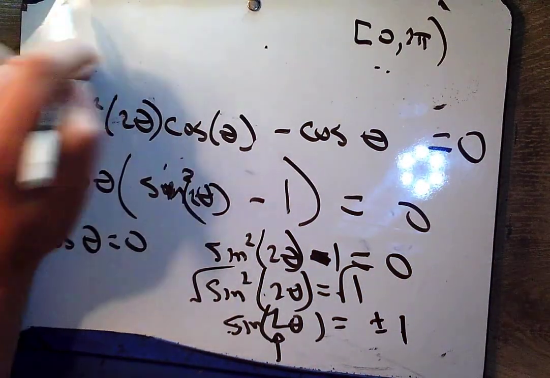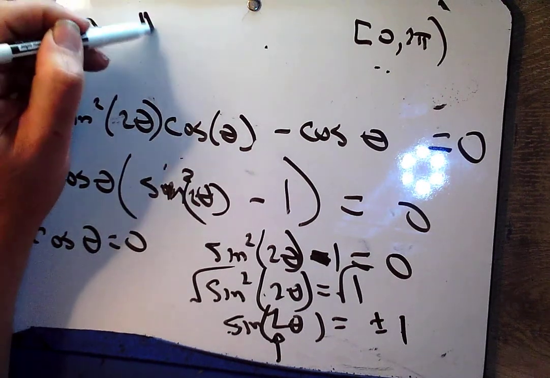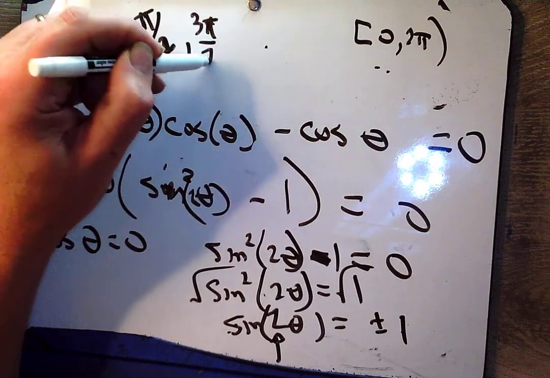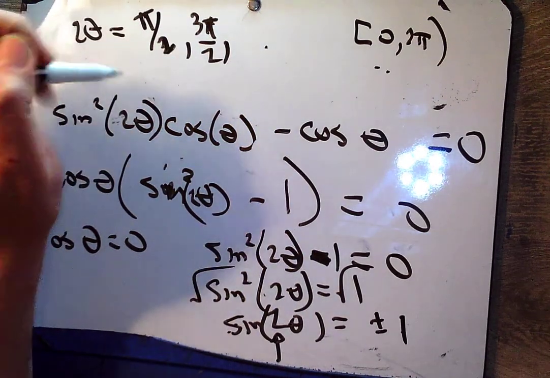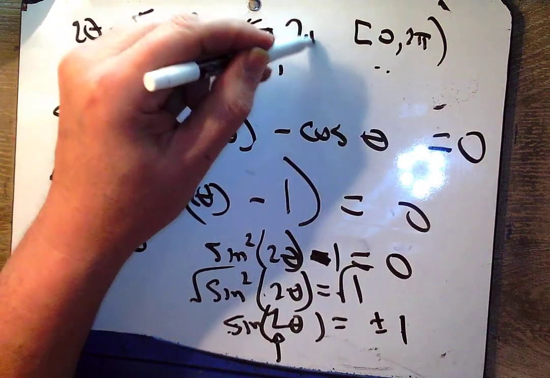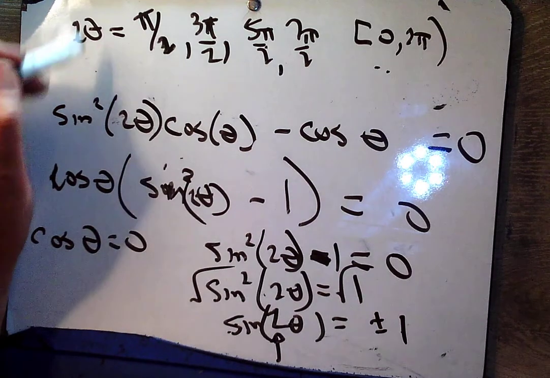Since there's a 2 here, and I'm on 0 to 2 pi solutions, I'm going to go around twice. So 2 theta equals, first time around, pi over 2 and 3 pi over 2. And then the second time around, I'm adding 2 pi to each of these: 5 pi over 2 and 7 pi over 2. We still need to divide by 2 everywhere.